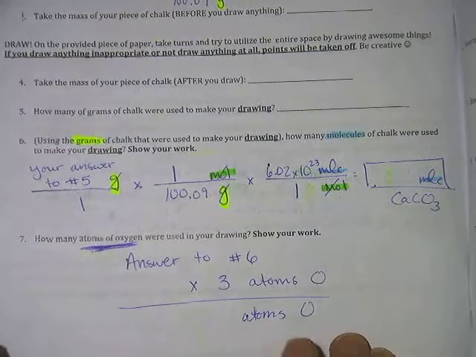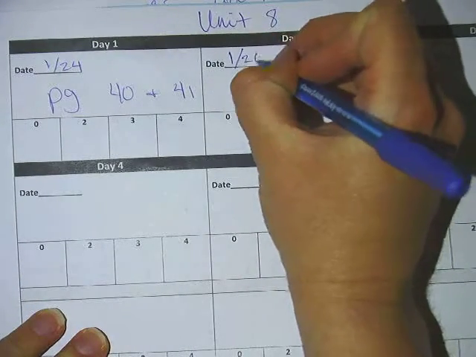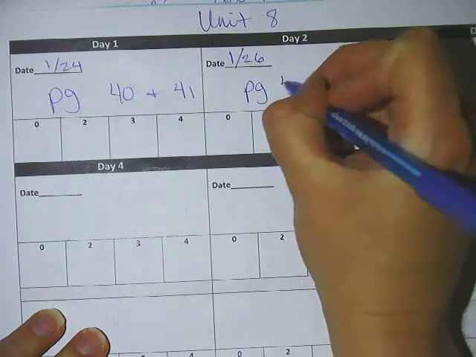All right, go to your stamp page. By now, you should be done copying that down. Go to your stamp page. And on your stamp page, hang on a second. Let's do the stamp page first. You're going to get a stamp for page 42.